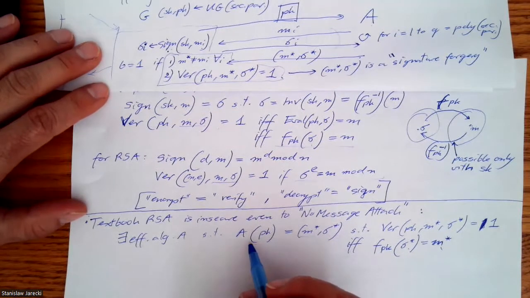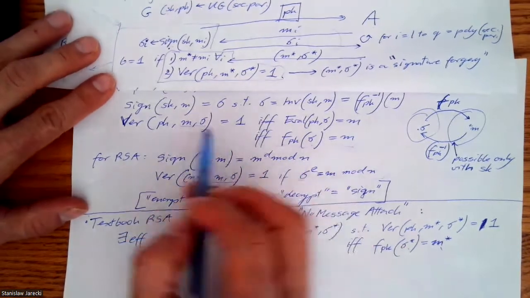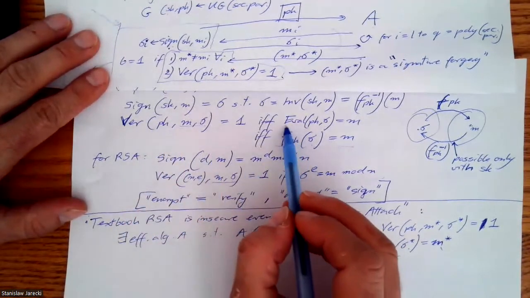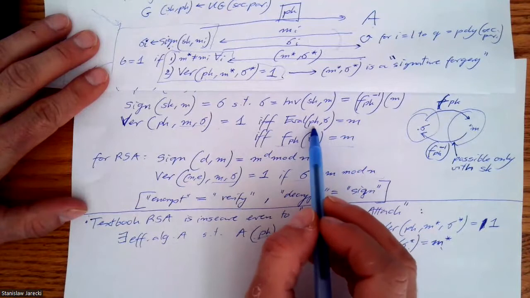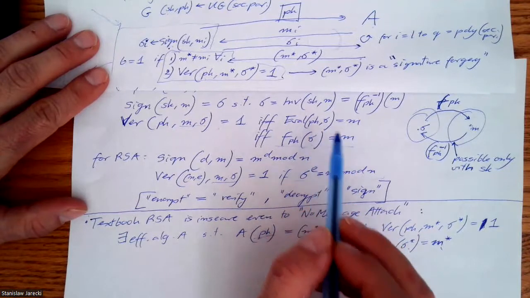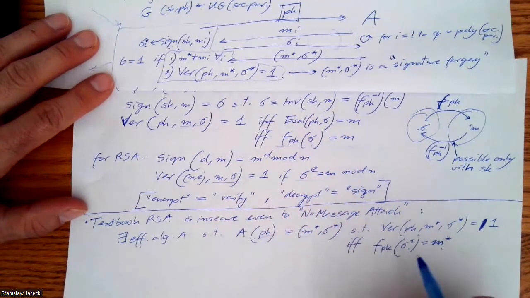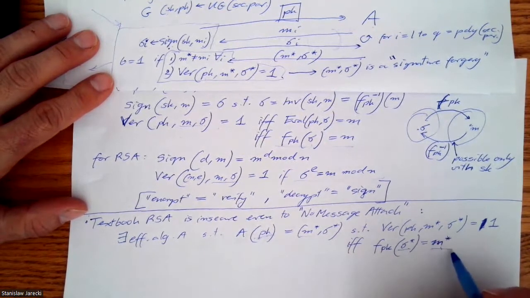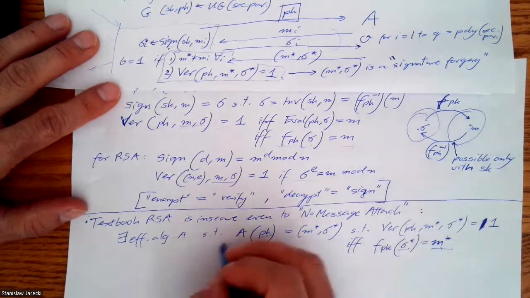The attacker is getting a public description of the function. The function is efficiently evaluatable given this description. And all the attacker needs is an argument and a value, and that's already a forgery. Yeah, exactly. So what does he do?